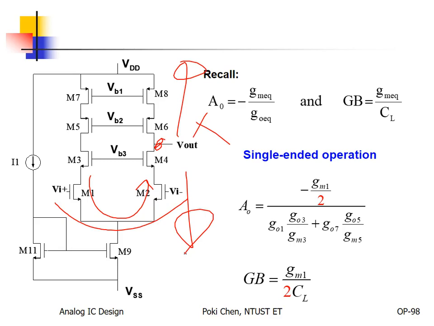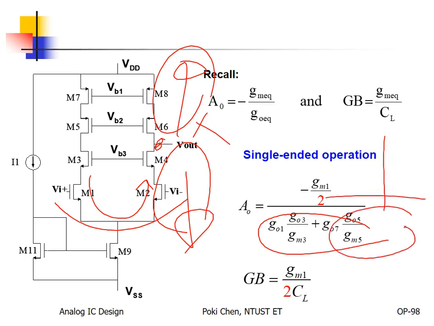It is the output resistance here and there in parallel, so conductance will be easier for you. The conductances are summed, then the reciprocal of the summed output conductance will be your output resistance. That's it.